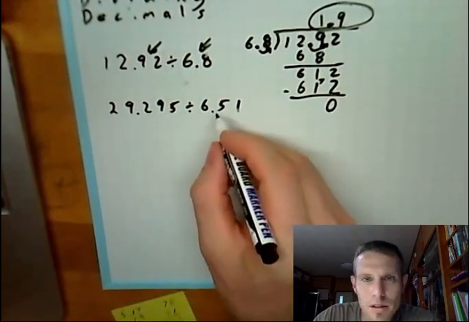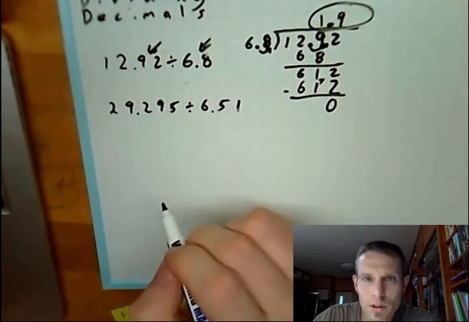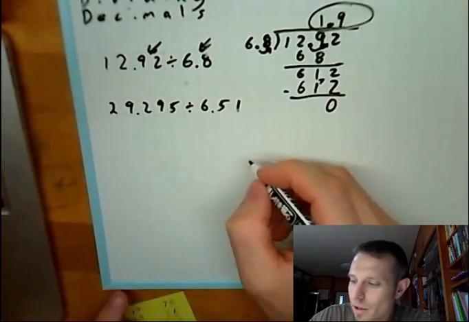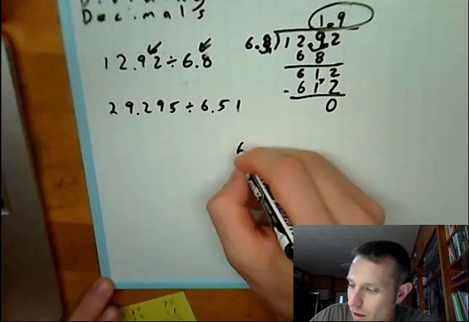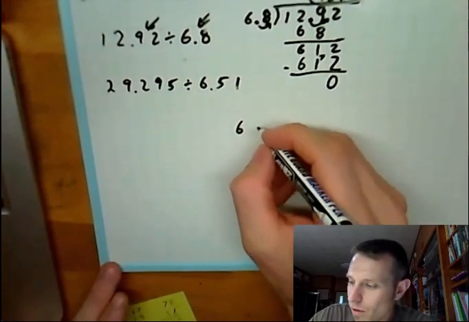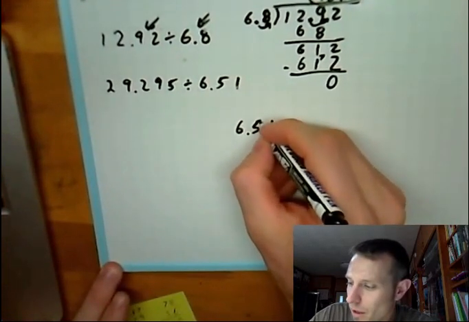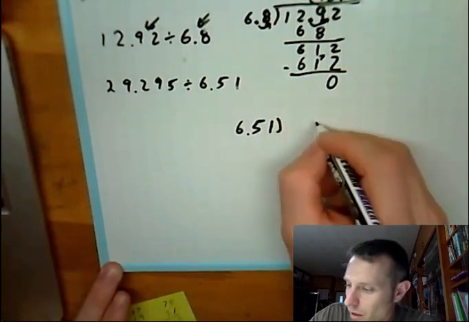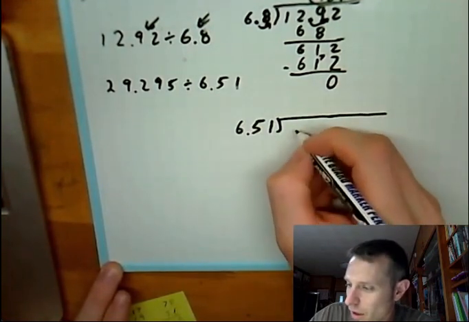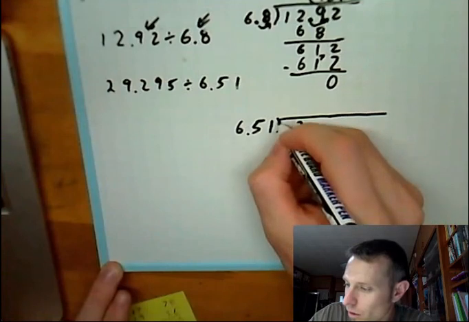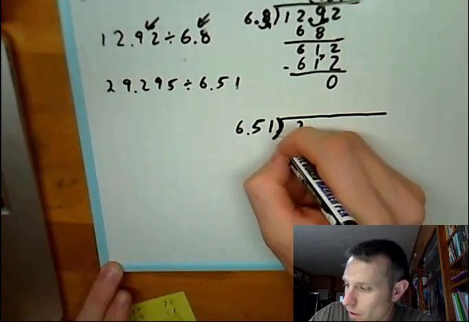29.295 divided by 6.51. We have the dividend here and the divisor here. We'll go ahead and write that in a reversed manner with the divisor being on the outside. And here we go. We'll put 2. Don't get that confused. It's not a 1.